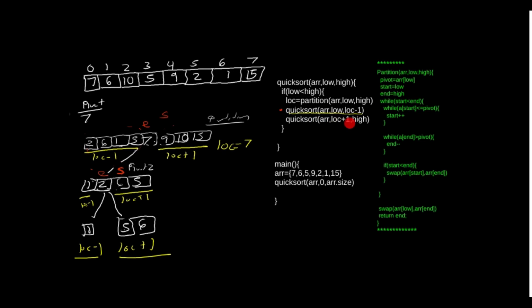The partition to the right was this quicksort array loc plus 1 and high, and loc takeaway 1 was called on the left side. Just take note of that. This is how the recursion tree works for this function.